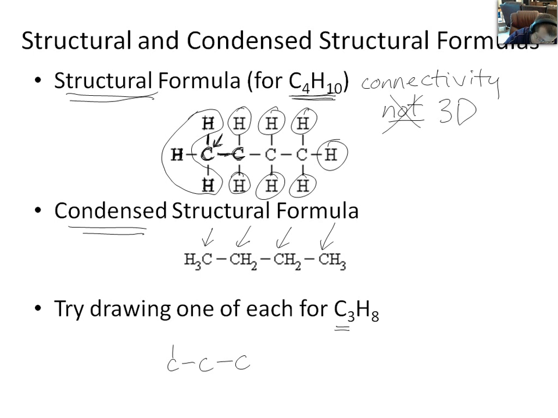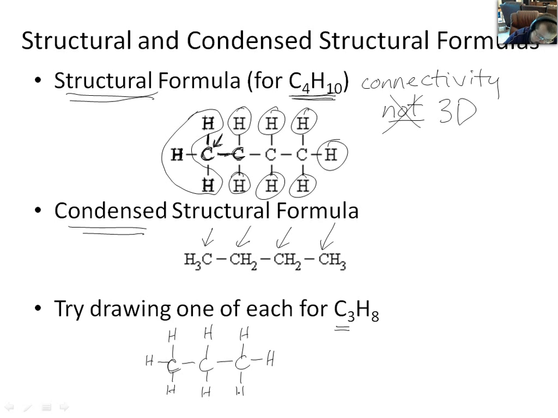Each carbon needs hydrogens to fill up to 4 bonds on every carbon. So the way I've drawn it here, every carbon has 4 bonds coming off of it. So that checks off. That's my structural formula.